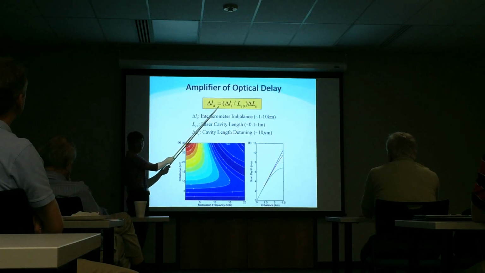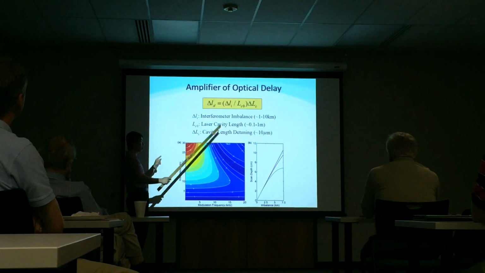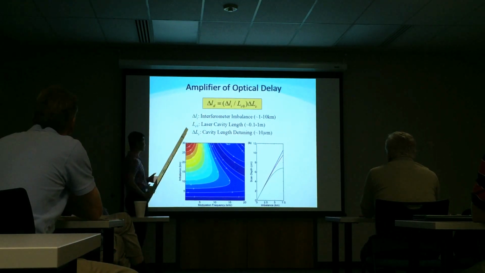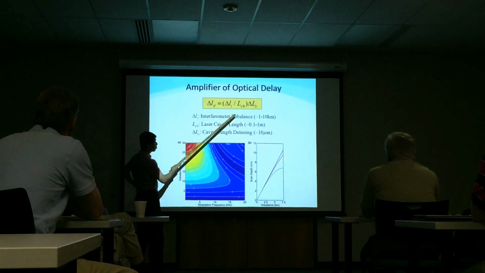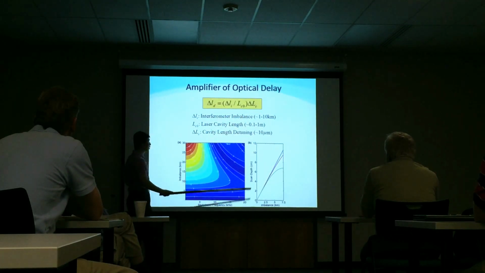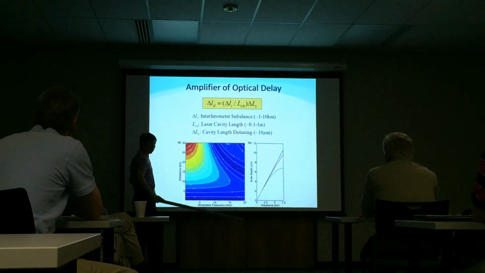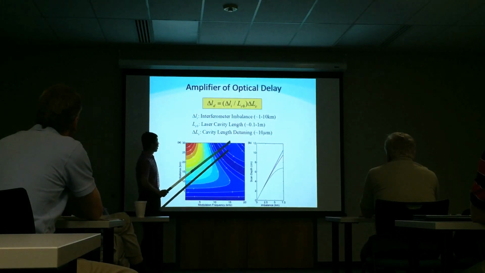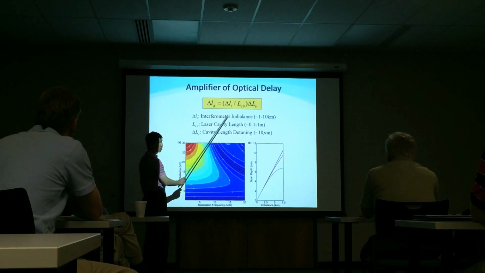So this is the one that you want to create: how much delay scan you can create. You see, it's proportional to the cavity length detuning, in other words, the amplitude of the cavity length modulation. And there's a factor in front of it.